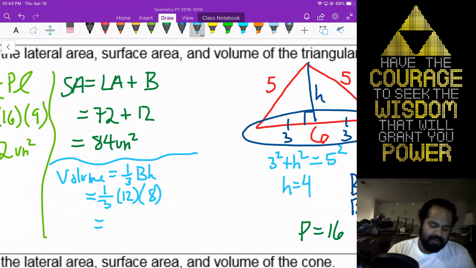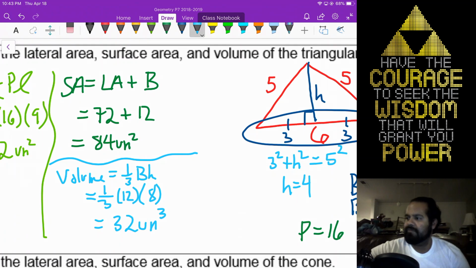So let's see here. 3 goes into 12 4 times. 4 times 8 is 32. There we go. Nope, I made a mistake. We need to make our units cubed. Don't mess that up, y'all.